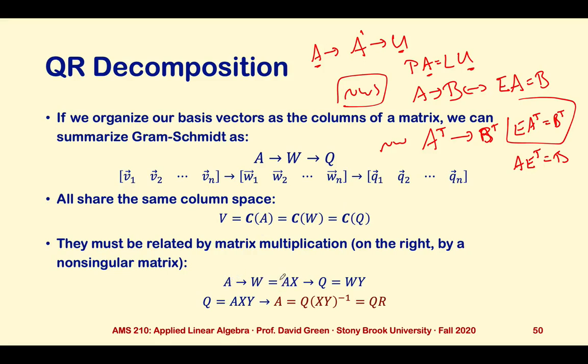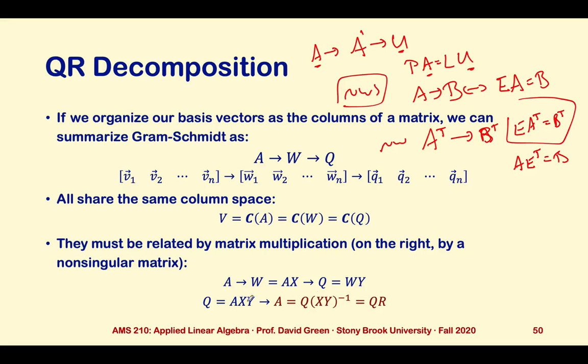W equals A times X, some X that represents the orthogonalization process, and Q equals W times Y, where Y represents the normalization process. That, of course, means that Q equals A times X times Y. X and Y are both non-singular, which means their product is non-singular.